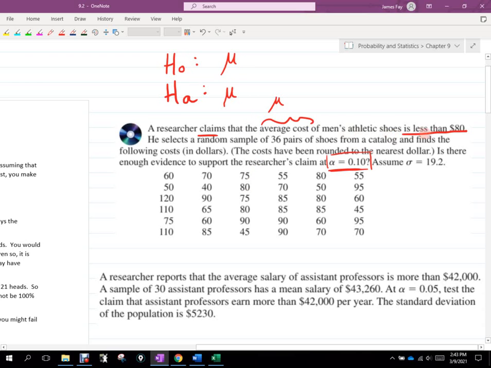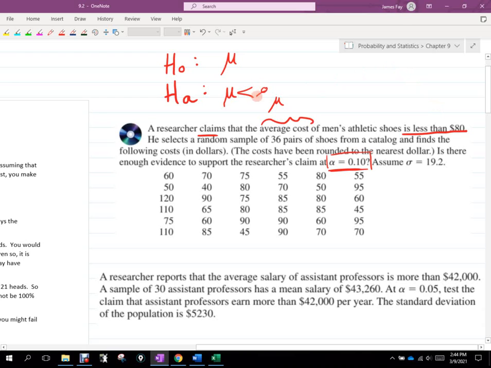Now it says is less than 80. Is that equality or inequality? Inequality, right? If it just said is 80, that would be equality. So is less than is inequality. So inequality always goes to what hypothesis?